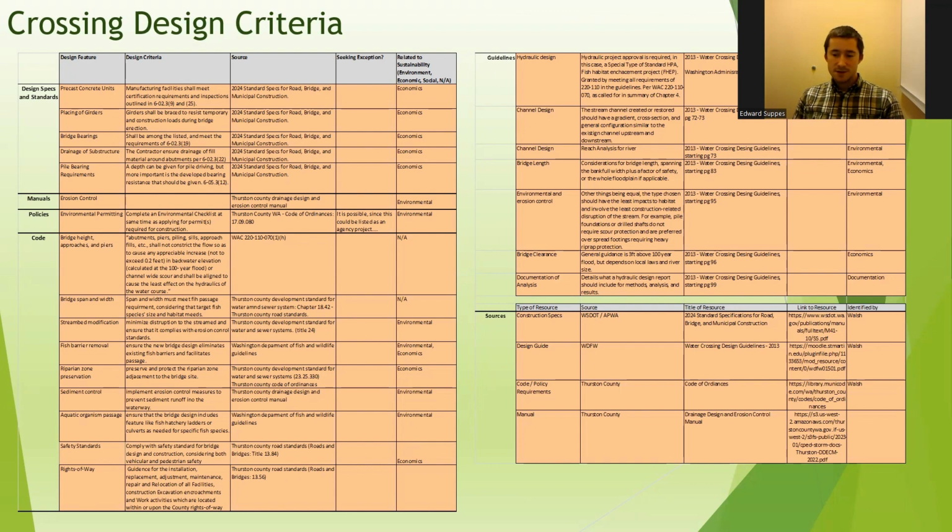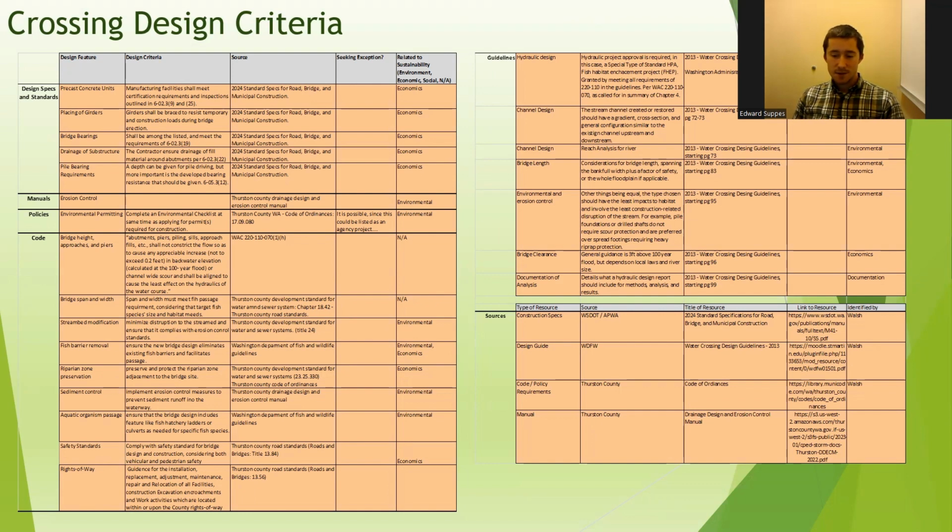A couple notable design requirements are: 1. Abutments, piers, pilings, etc. shall not restrict the flow so as to cause any appreciable increase up to 0.2 feet in backwater elevation or channel-wide scour using the calculated 100-year flood. 2.